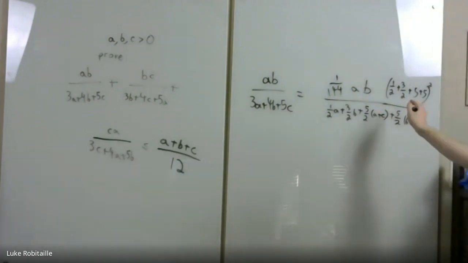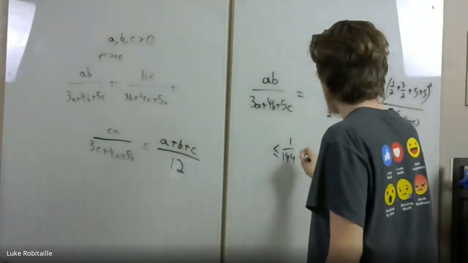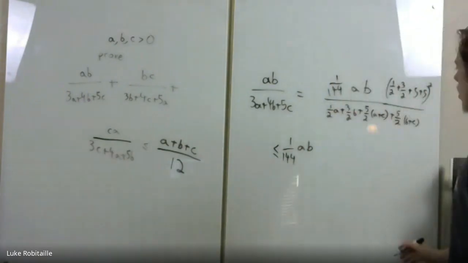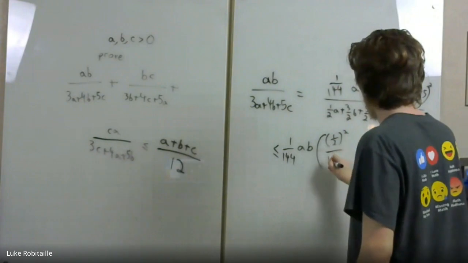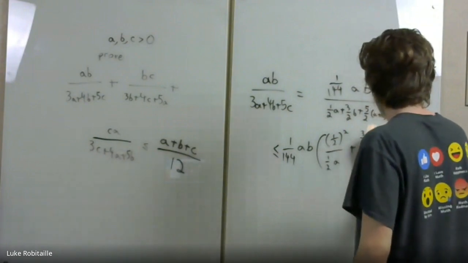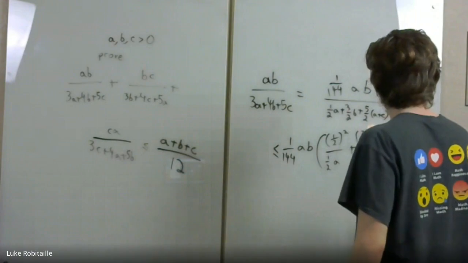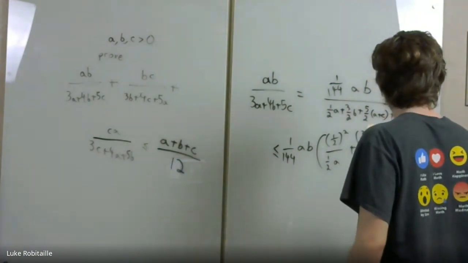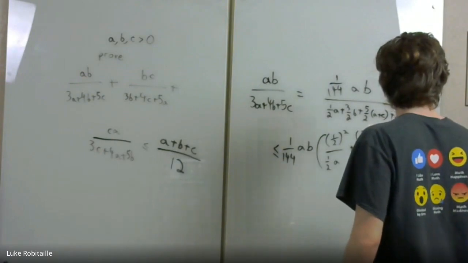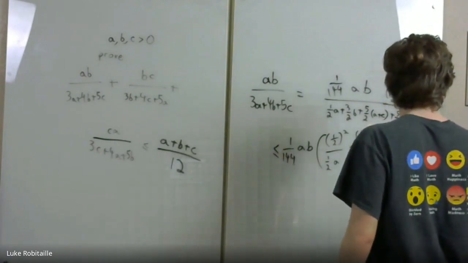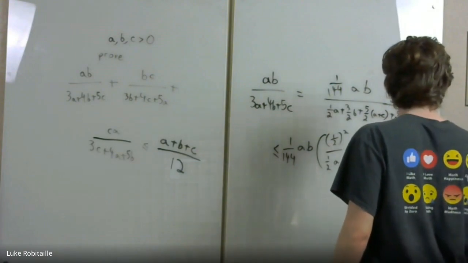So this expression is less than or equal to 1/144 AB, just that factor, times 1/2 squared over 1/2 A plus 3/2 squared over 3/2 B plus 5 squared over 5/2 A plus C plus 5 squared over 5/2 B plus C. Okay.